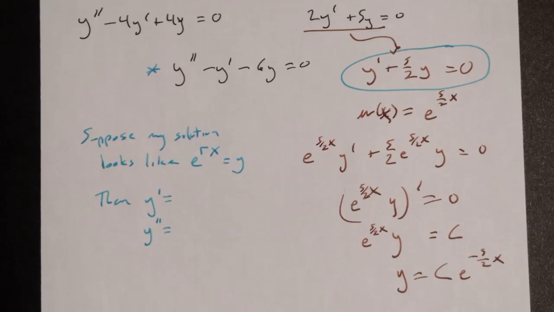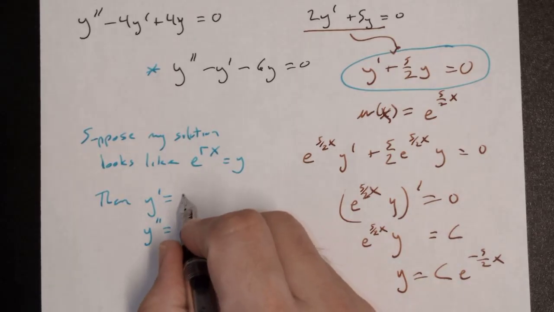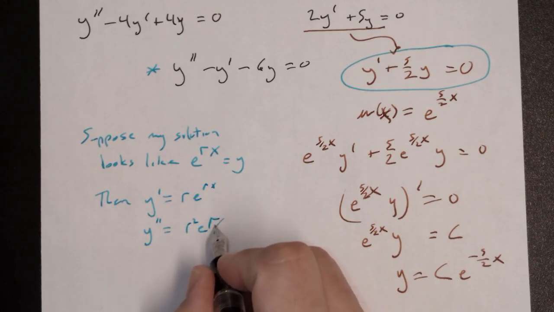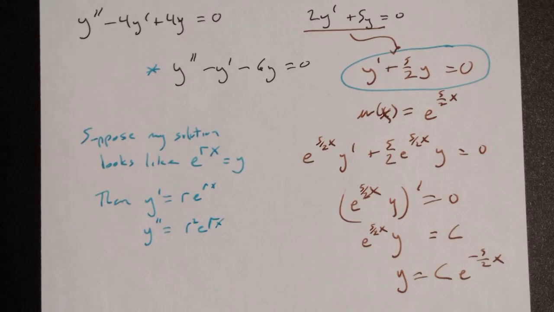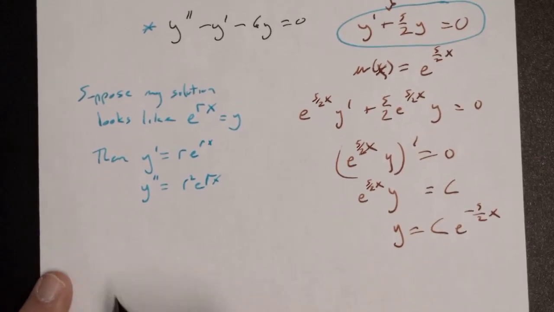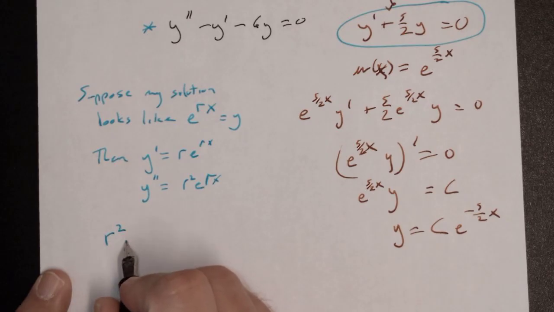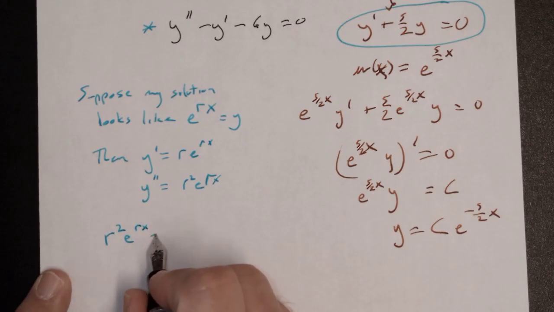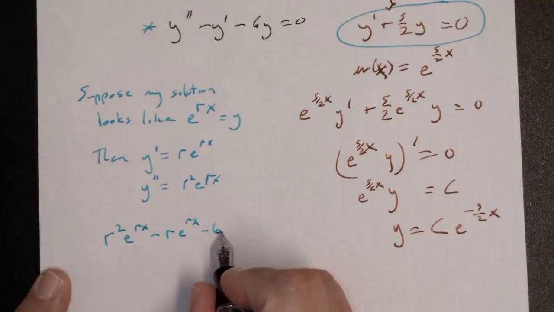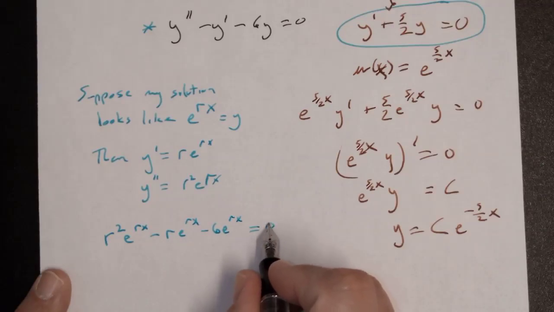e to the rx. All right. Plug those into this equation. And I get r squared e to the rx minus r e to the rx minus 6 e to the rx must be 0.